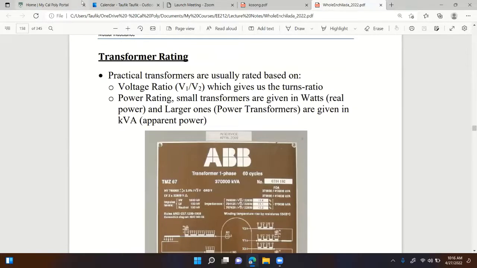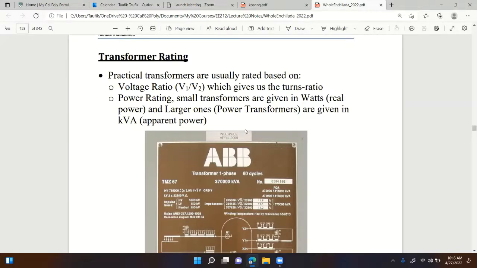Okay, if not, transformer rating is typically given in one of two different units. The first one is kilovolt amps or volt amps, so apparent power. The kilovolt amp or apparent power rating is typically given for big transformers, transformers that are being used for the electric power grid for utility companies.